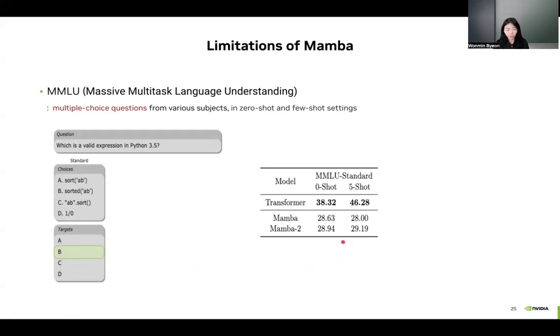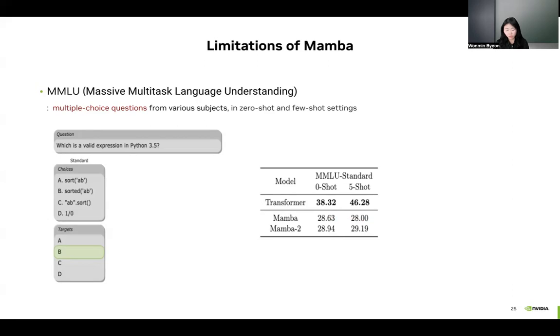You can see that compared to transformers, all Mamba models are doing really badly in this task. Especially this one, we see that this is almost random answers. So it just cannot do this task at all.